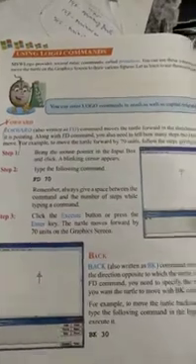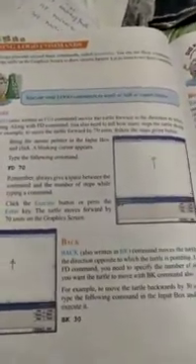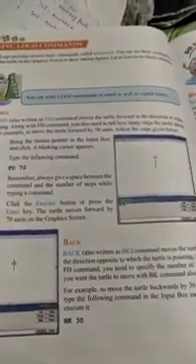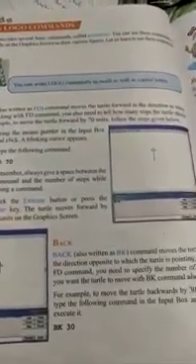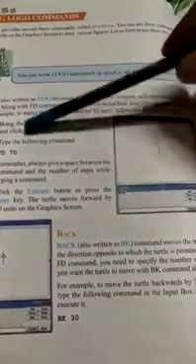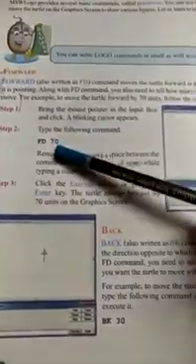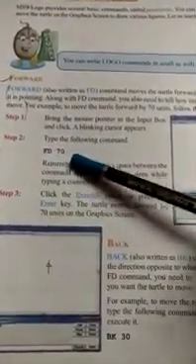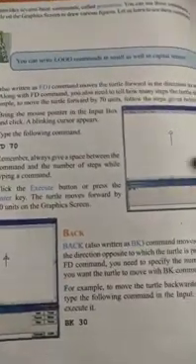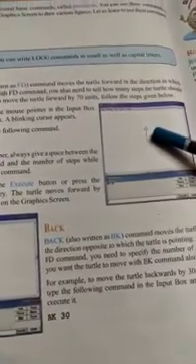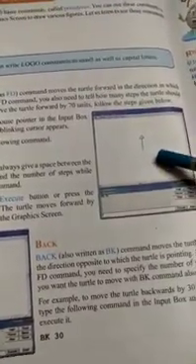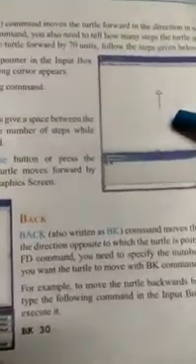No need to write forward, we will just type short FD. After that we will decide the number of units to move the turtle forward by. Here we will type FD 70. If I type FD 70, look, our turtle will move 70 units. This way our turtle starts moving.